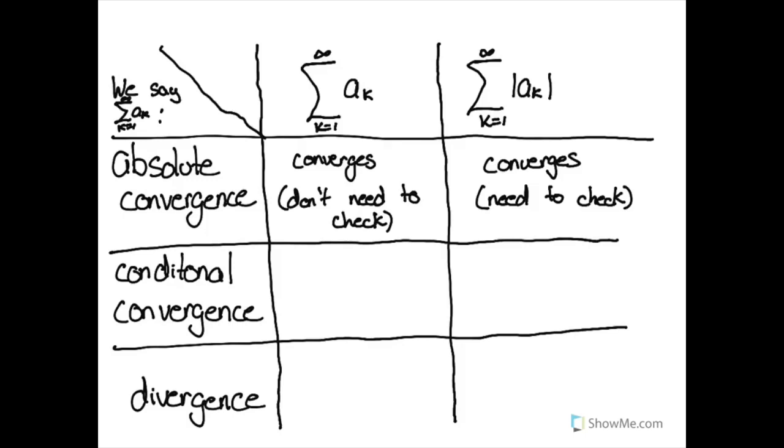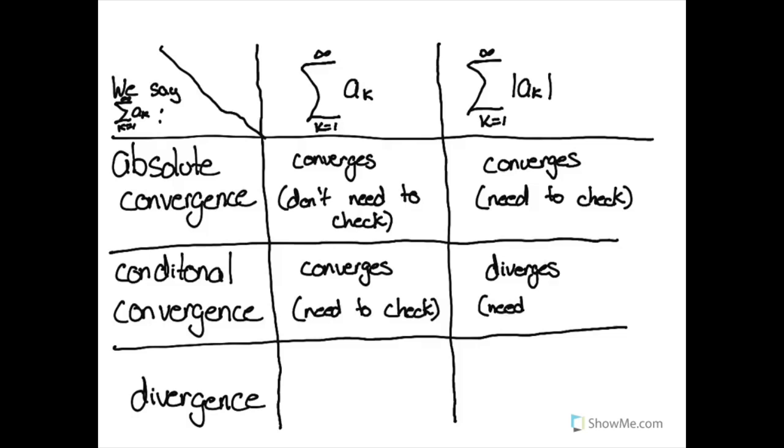In the conditional convergence case, we say that the series ak is conditionally convergent if the original series converges but the absolute value series diverges. In this case, we need to check both.